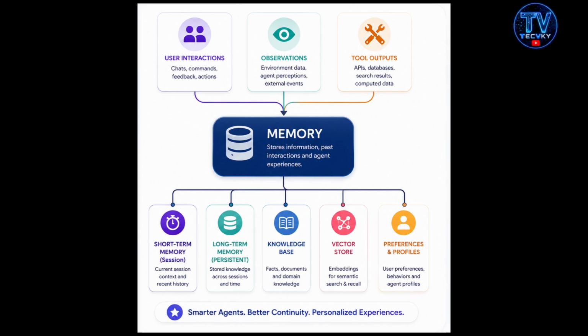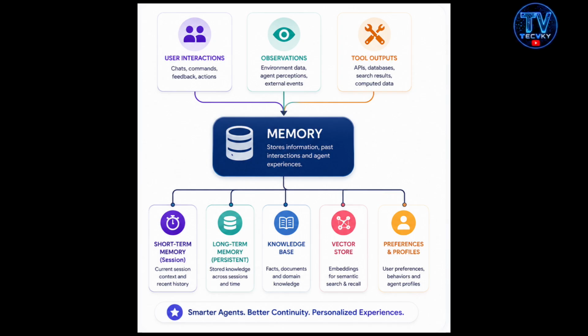Now let's discuss knowledge base. A knowledge base stores facts, documentation, policies, architecture diagrams, and business information. This gives agents access to organizational knowledge. Okay. Vector store. For semantic search and retrieval-augmented generation, AI systems often use vector stores.